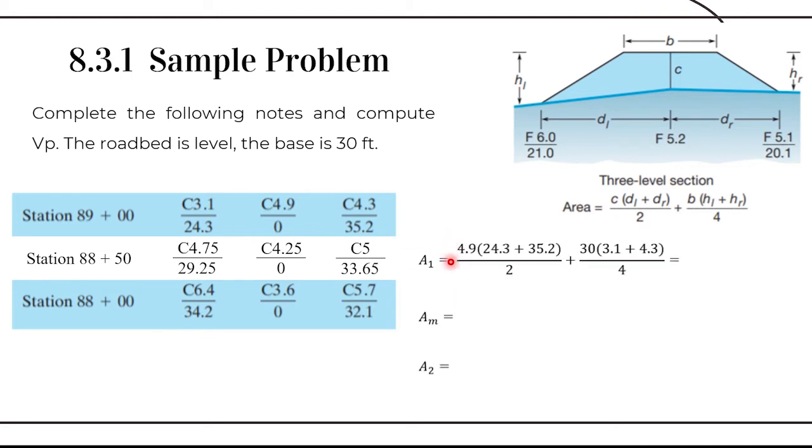Now for the first end section, we just have to input the values into the formula. 4.9 here is the height in the center, which is C. 24.3 is the distance left, and 35.2 is the distance right, all over 2, plus 30, which is the given base, times the sum of height left and height right, which is 3.1 and 4.3.